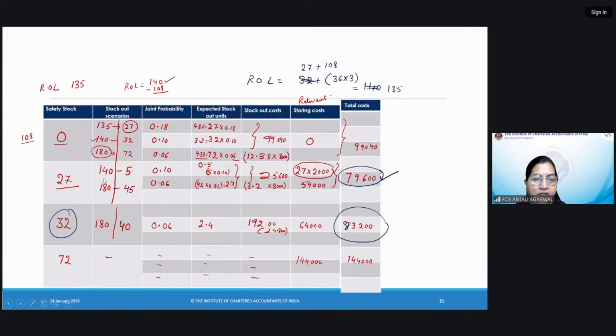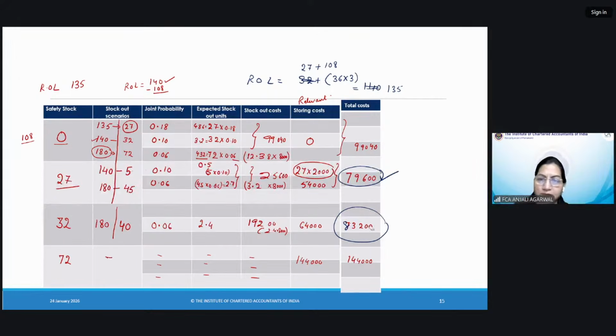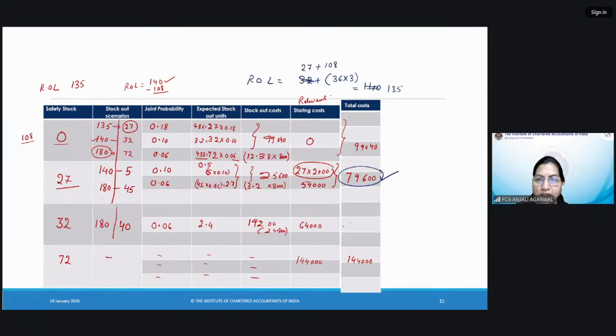So this is how you take a decision on how many units of safety stock to keep. So this becomes our best situation.